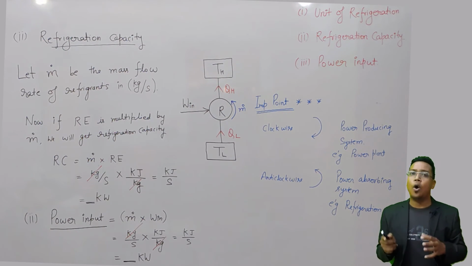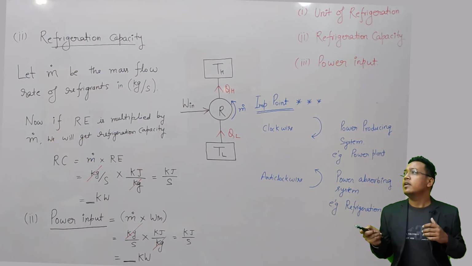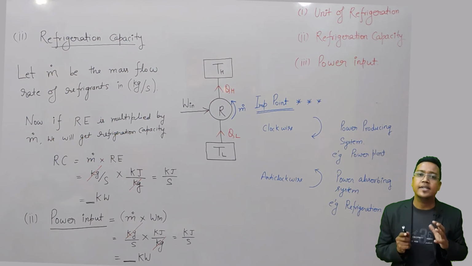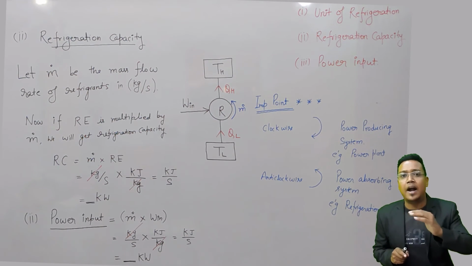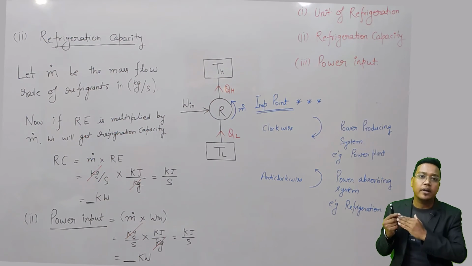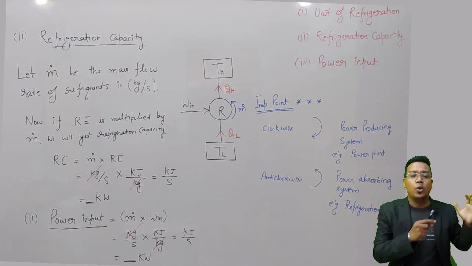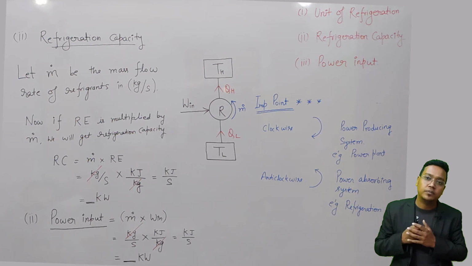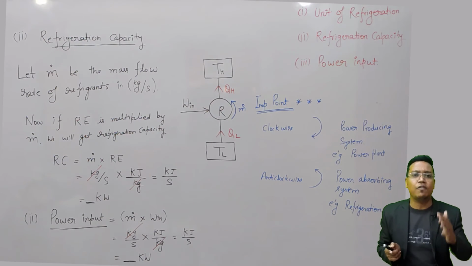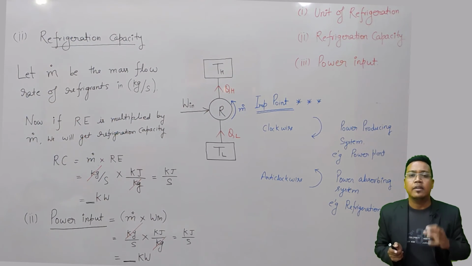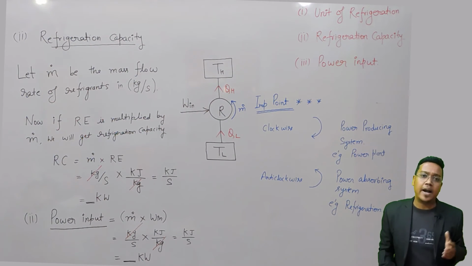Now, the point is that there are two systems: one is a power plant, the second is a refrigeration plant. In one plant, we are getting work output. In the other system or plant, we are taking work input. By this representation of the arrow, we can tell whether it is a power plant or a refrigeration system.